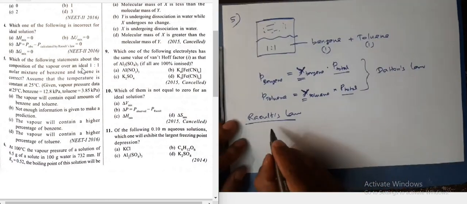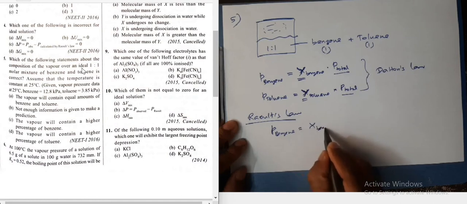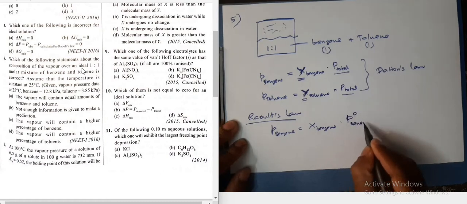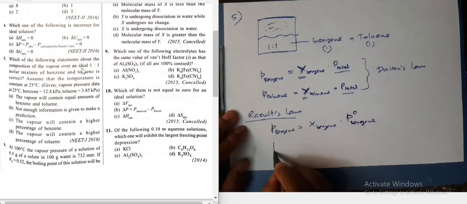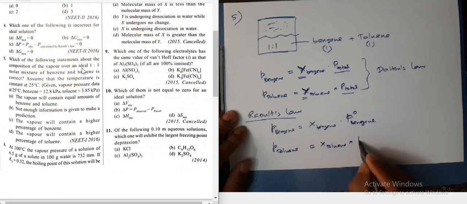According to Raoult's law, the partial vapor pressure of benzene is equal to the mole fraction of benzene in the liquid phase into the vapor pressure of pure benzene. Then the partial pressure of toluene is equal to the mole fraction of toluene into the vapor pressure of pure toluene.